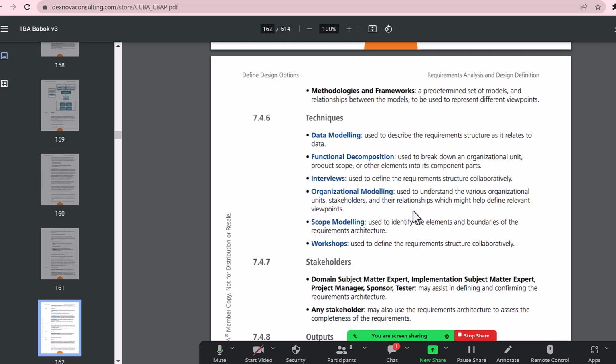For example, with any kind of requirement, if you don't know how to give a model, you are blank, you don't know how to draw the diagram or how to represent this and show it to the business owners, or this is a very complex requirement and you don't know how to break it down, whenever you have those questions, you always go to functional decomposition. This is also an important technique.